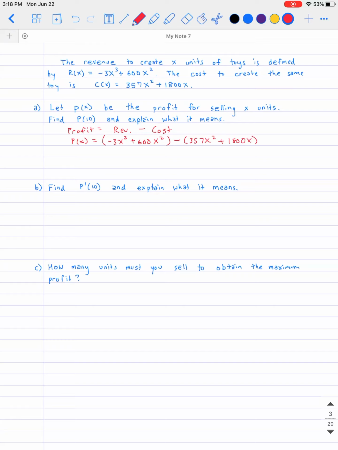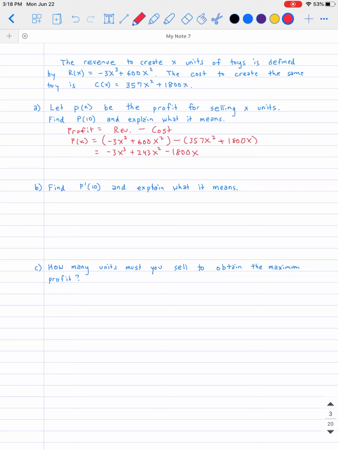And when I take this and clean it up, that's my actual profit equation. So let's do the math for this one. Negative 3x cubed, and then 600x squared minus 357x squared, that's going to be positive 243x squared. And then that's going to be minus 1800. So that's my total profit now.